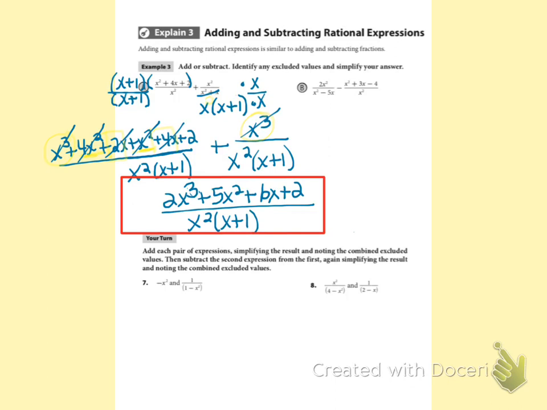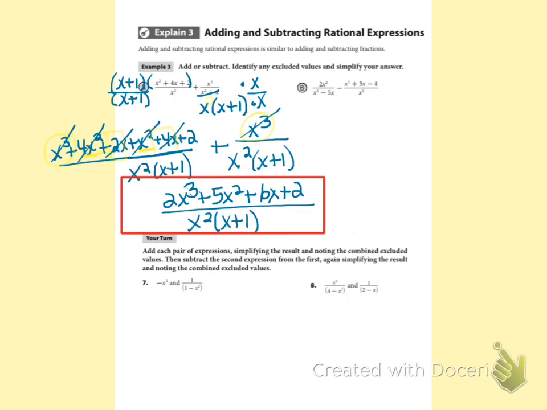Now, a lot of times students will ask, do you have to distribute that denominator, that x squared times x plus 1? The reason we don't is because, just like when we were graphing these rational functions, it's really important to be able to see the denominator in factored form, because it helps us identify the places where the function, or the expression in this case, is undefined.